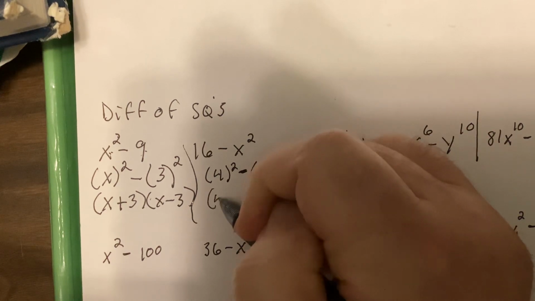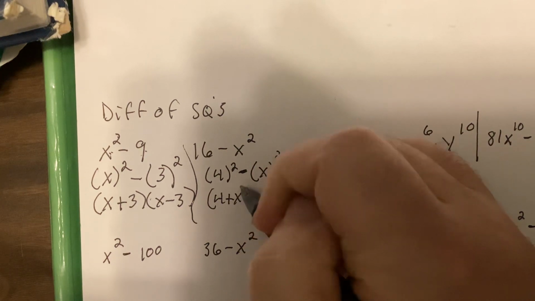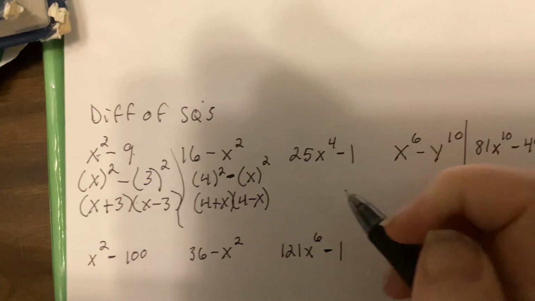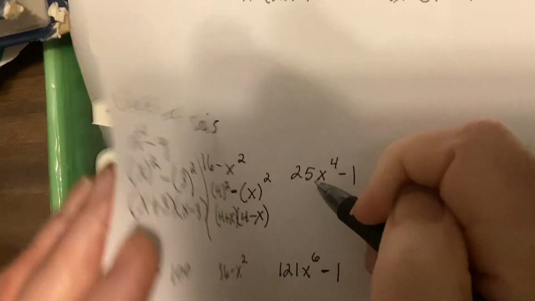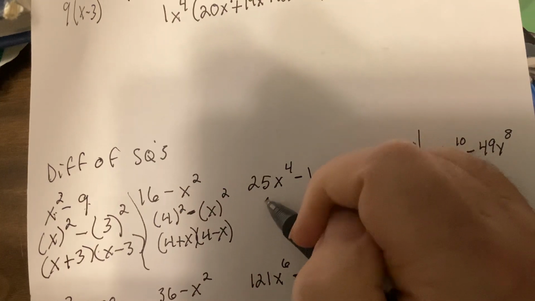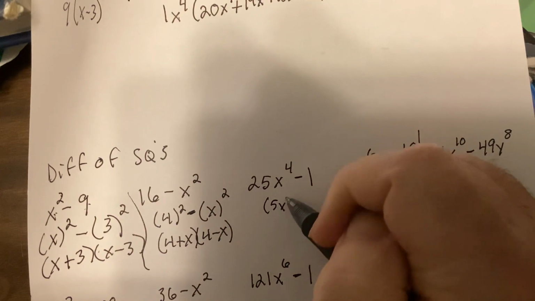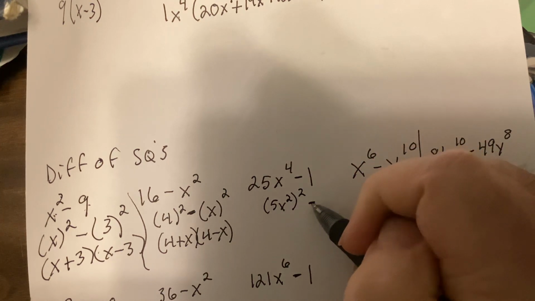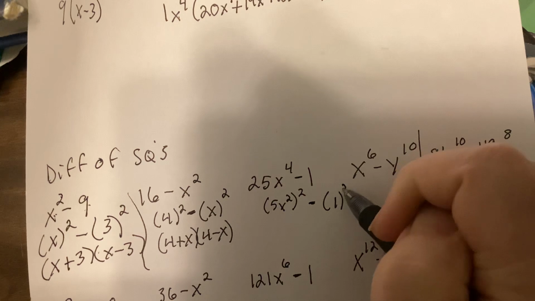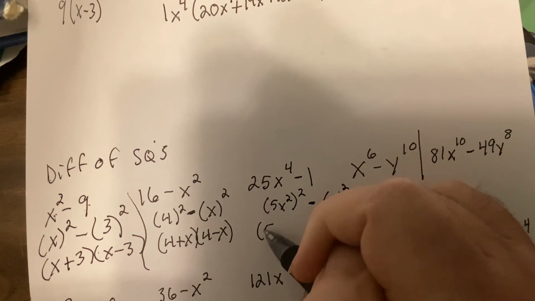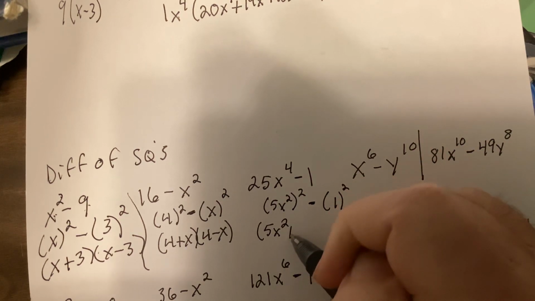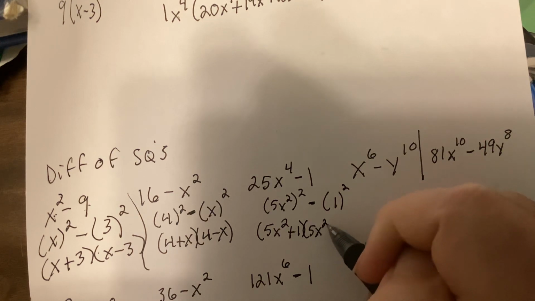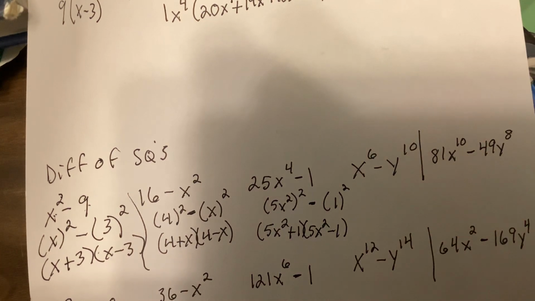So it'd be 4 plus x, 4 minus x. So here it'd be 5x squared minus 1 squared. So it'd be 5x squared plus 1, 5x squared minus 1.